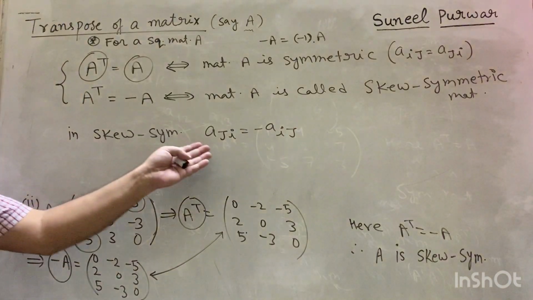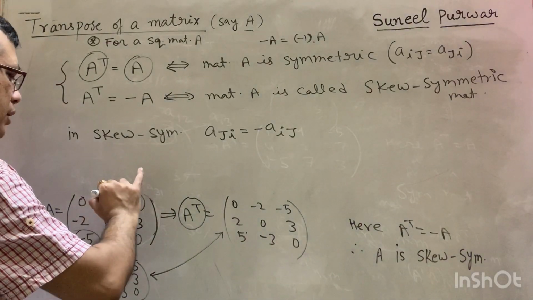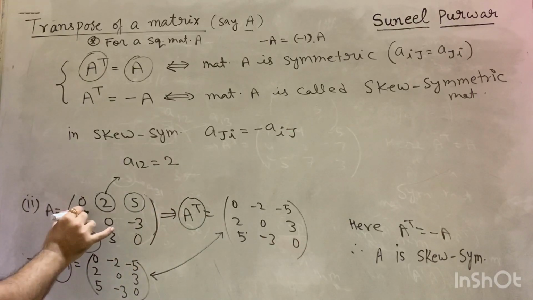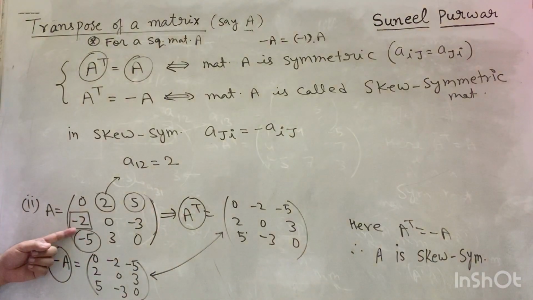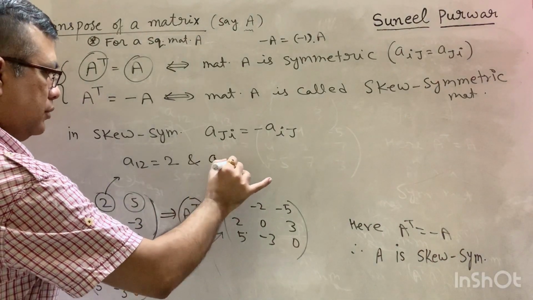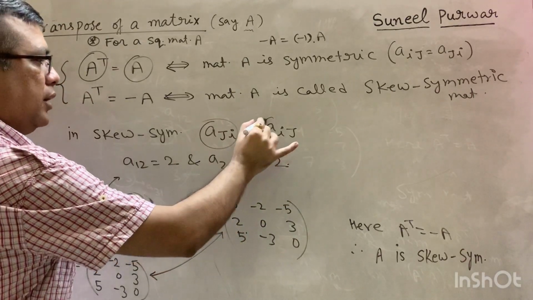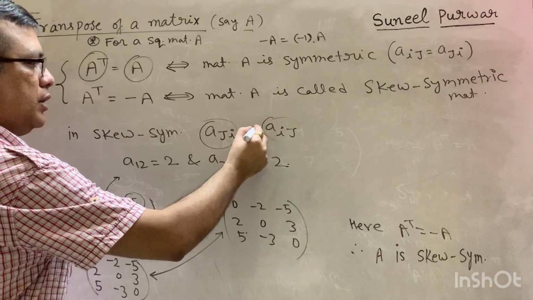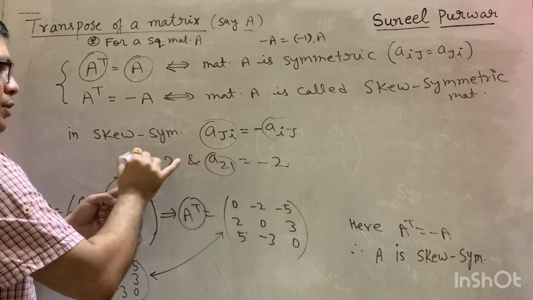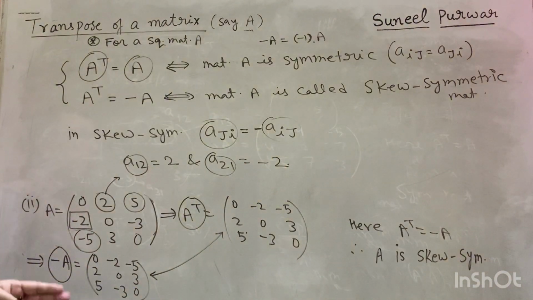The trend can be verified for every element. This is A12, how much? 2. And this is the value of A21. What is the location? Second row, first column. And A21 is minus 2. So you see, this element and this element are negative of each other. That is the meaning of minus of. A12 and A21 are negative of each other. That will be the property in skew symmetric matrices.